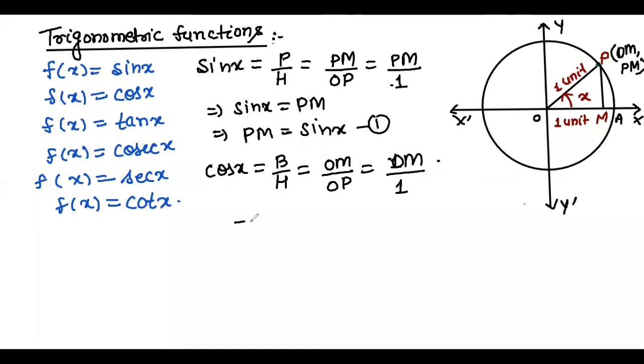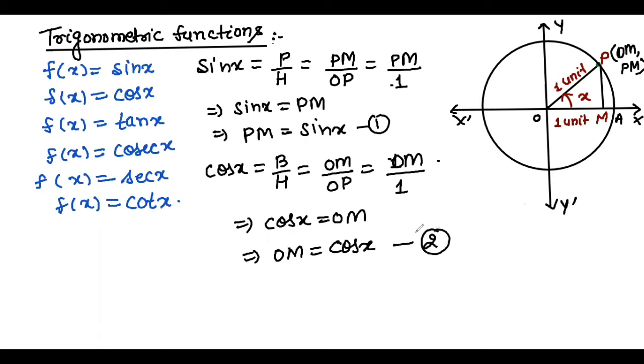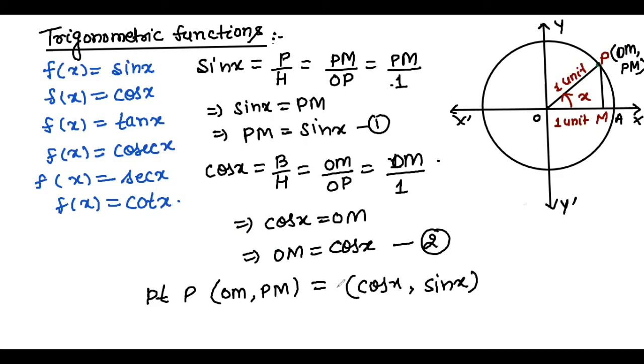So cos x equals OM. So we can write here the abscissa value for the point P is cos x. So point P coordinates will be cos x comma sin x. I hope it is clear for you all.